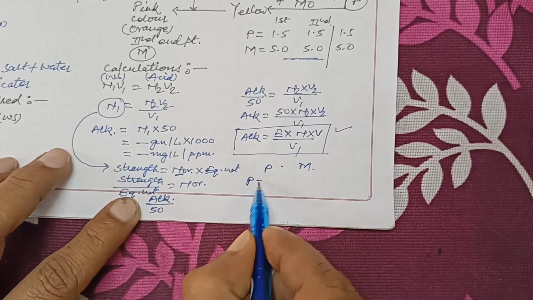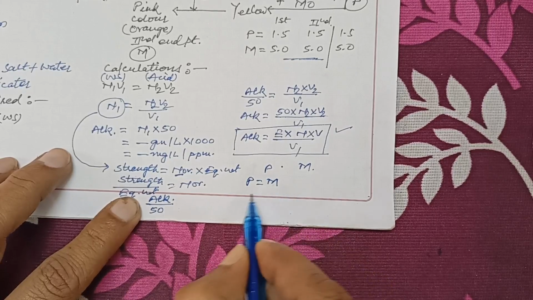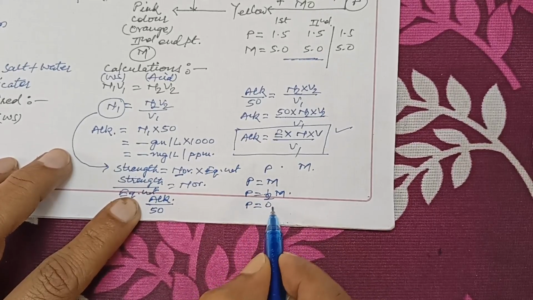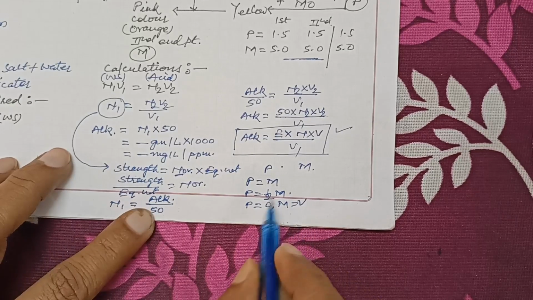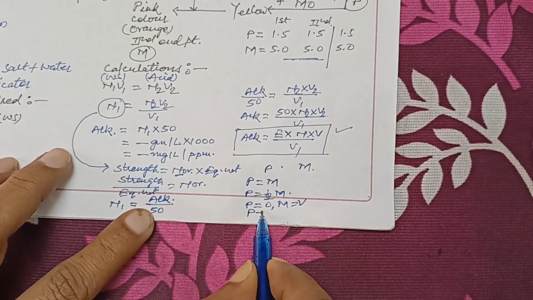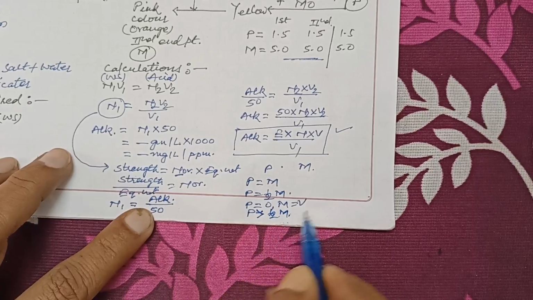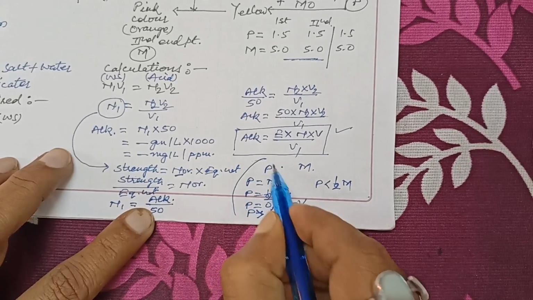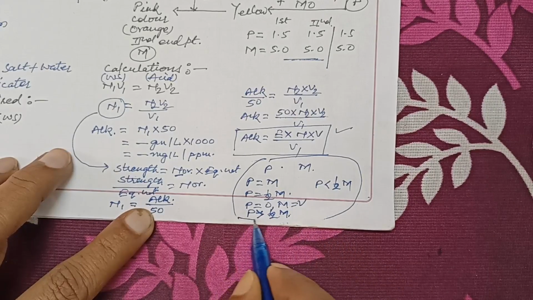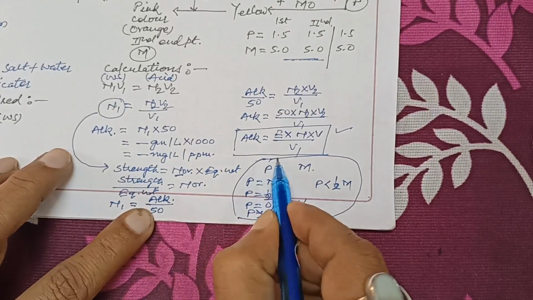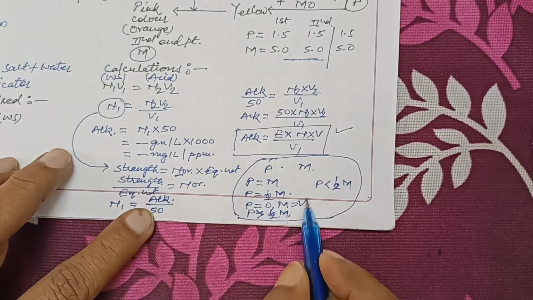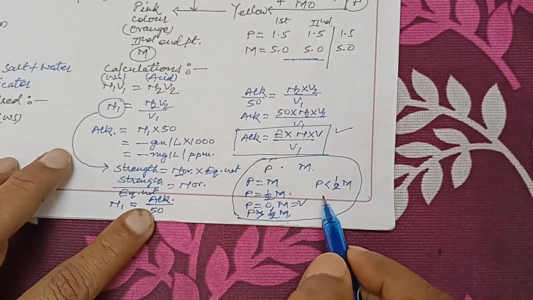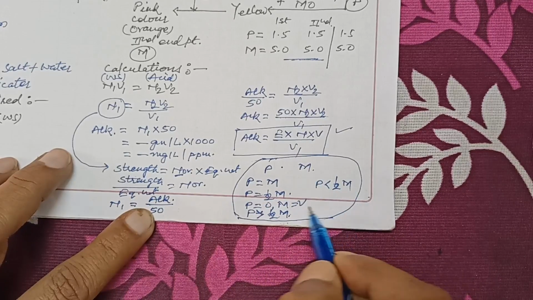Case number 1, when P equals M. Case number 2, P equals half M. Case number 3, P equals 0 but M equals a certain volume V. Case 4, P is greater than half M, and the 5th case is P is lesser than half M. All these cases have been discussed in my other video. To gain knowledge about all these 5 cases and their related chemistry, please go to my other video.